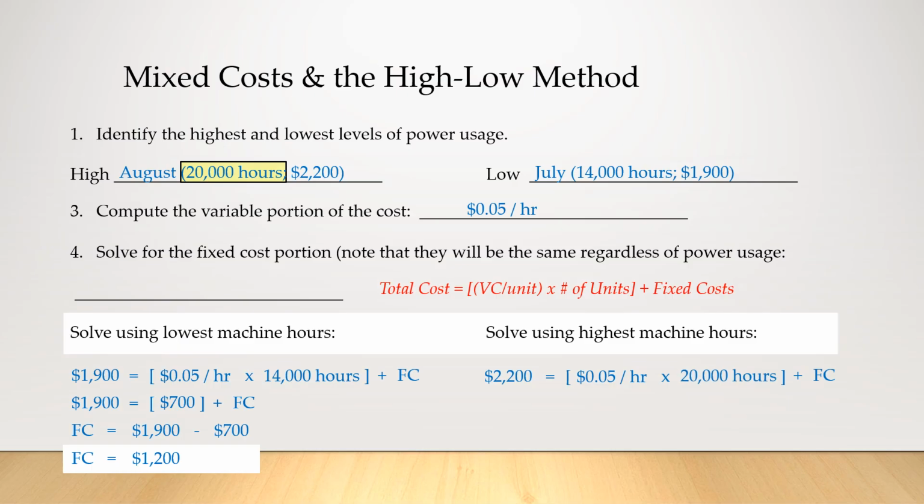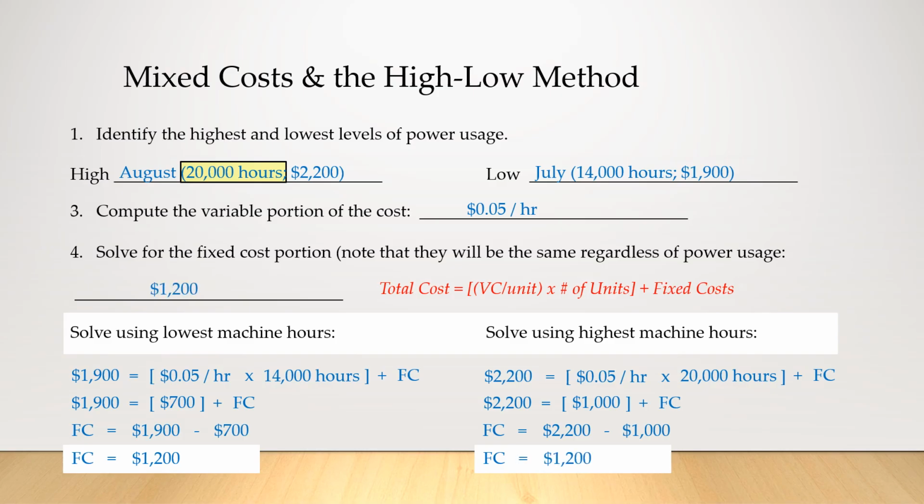This equation simplifies to $2,200 equals $1,000 plus fixed costs. Solve it for fixed costs, and that variable equals $2,200 less $1,000, or $1,200. You can see how fixed cost is the same under either method, so we can have confidence in our numbers.